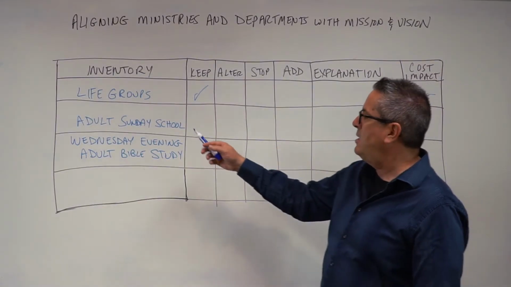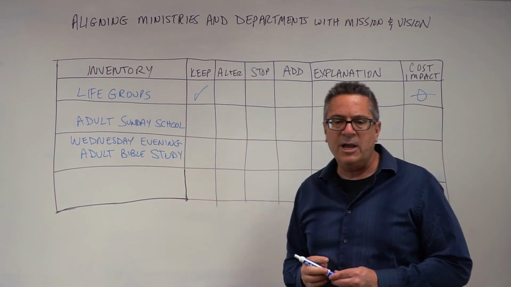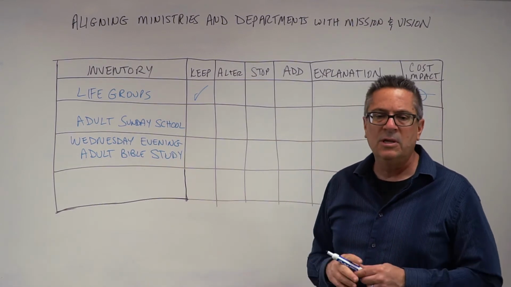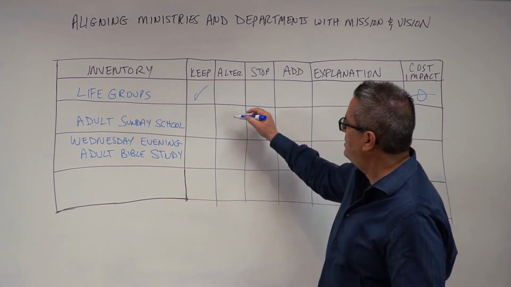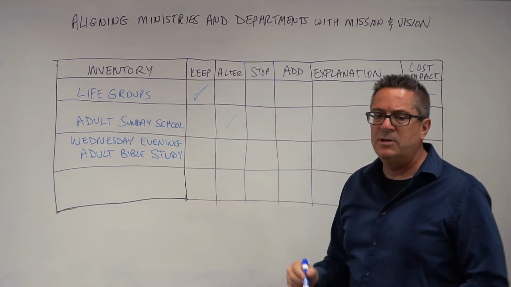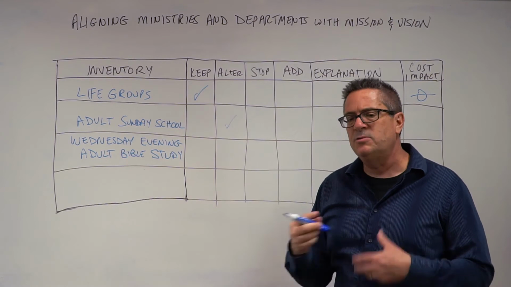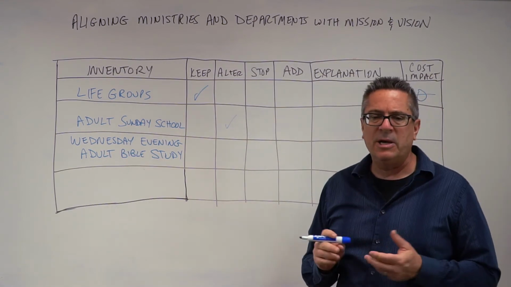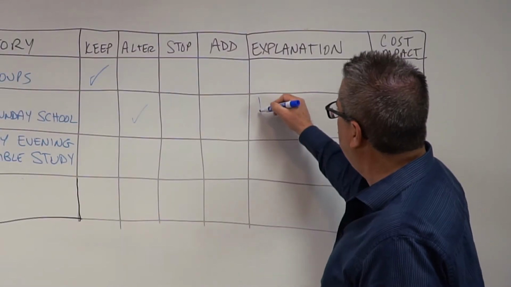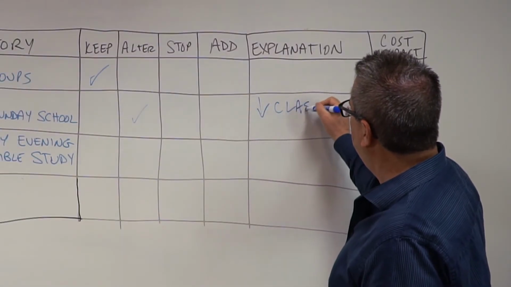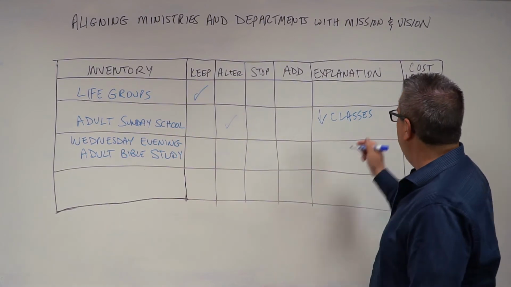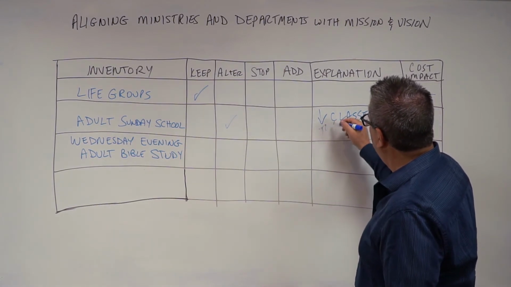So then they look at adult Sunday school, and it's a different kind of assessment. Again, this is just fictitious to show you the tool. But here we're going to say that as they examine that and consider their mission, vision, values, where the church is headed, that they need to alter that. And they're thinking about things like reducing the number of classes and perhaps making it more interactive.